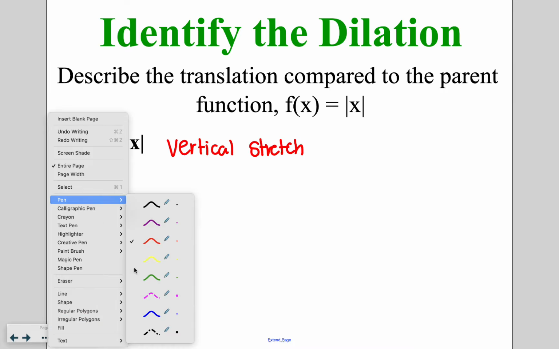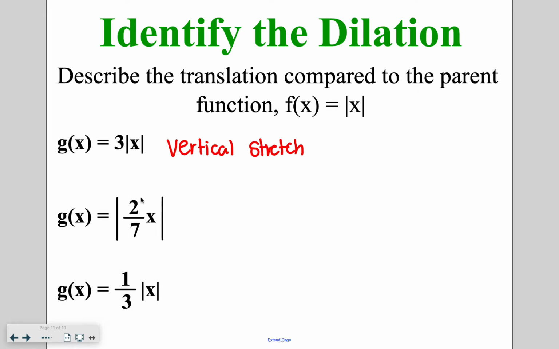If I look at the second one, and I've got the 2/7 x inside the absolute value bars, the inside tells me that it's going to be horizontal. So we've got that inside the bars is our horizontal values.